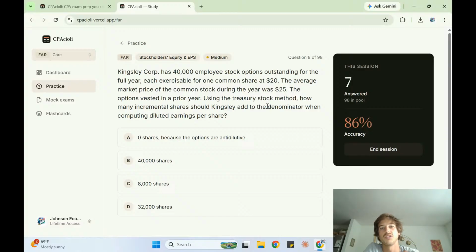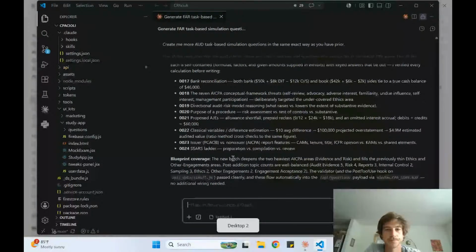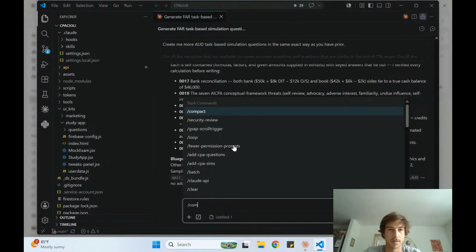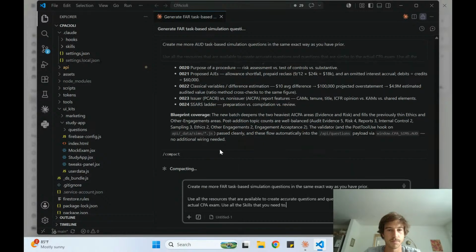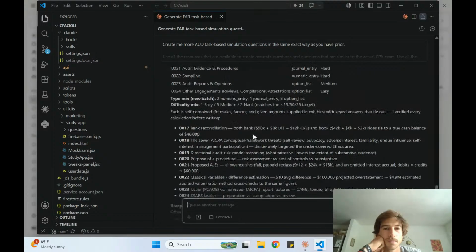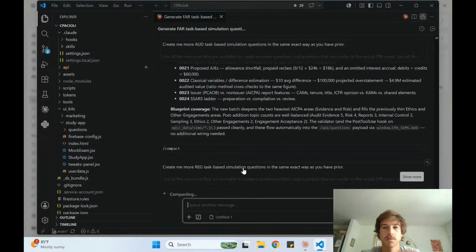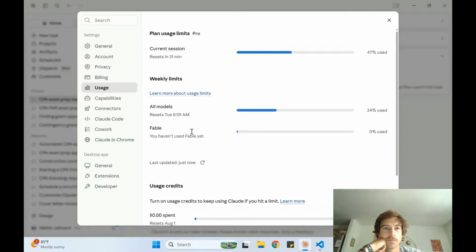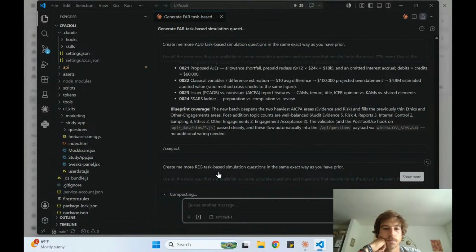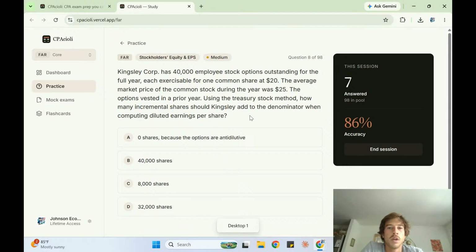400,000 employee stock options. Treasury stock method.